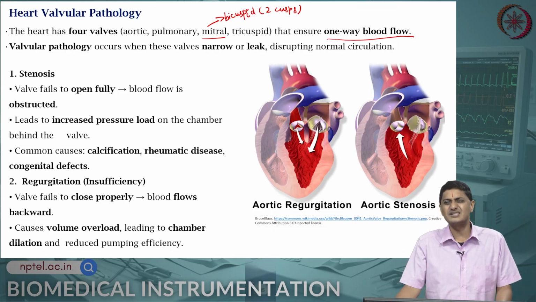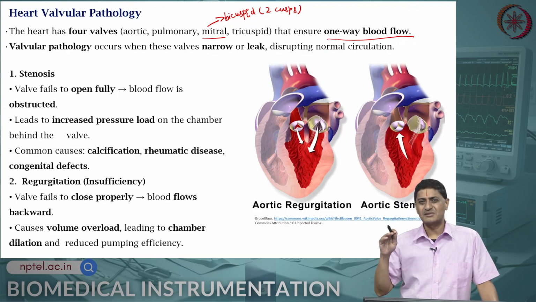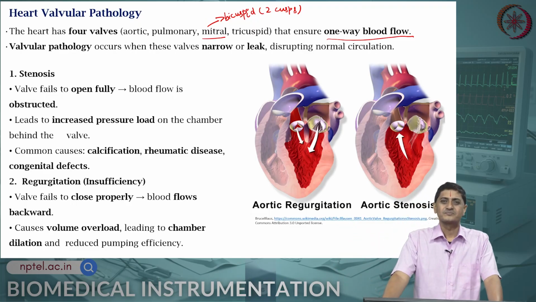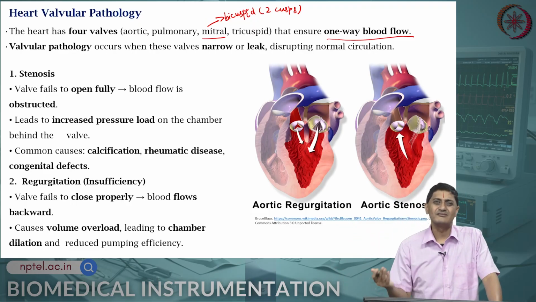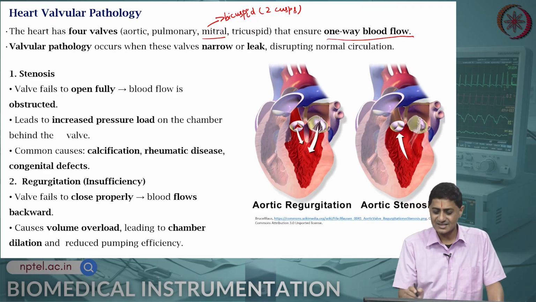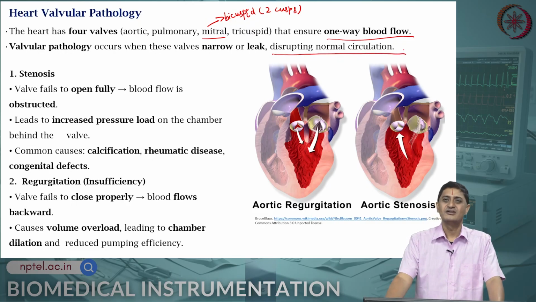It is called regurgitation. Regurgitation means you eat something and then sometimes when you eat too much or when there is a health issue, vomit, that is regurgitation, right. When flow happens in the back direction, it is an undesirable situation. This is essentially a major disruption of normal cardiovascular function.